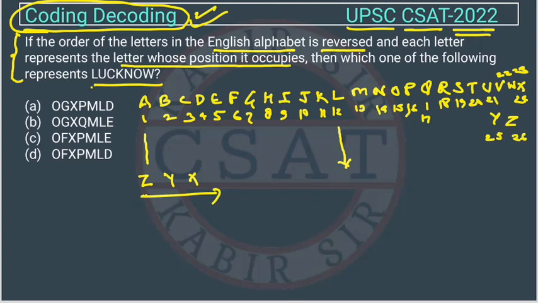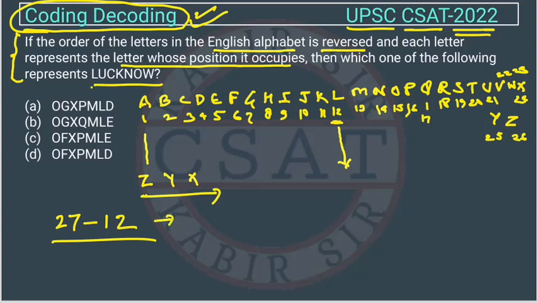The position of L from the start is 12. When we reverse it, or you can say from the end, the position will be found by subtracting from 27.